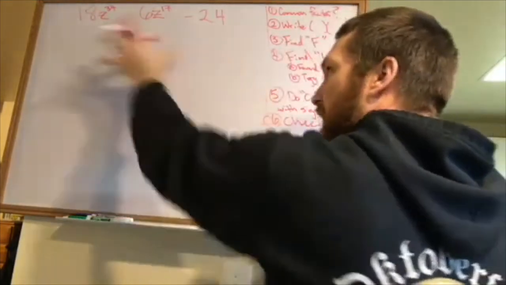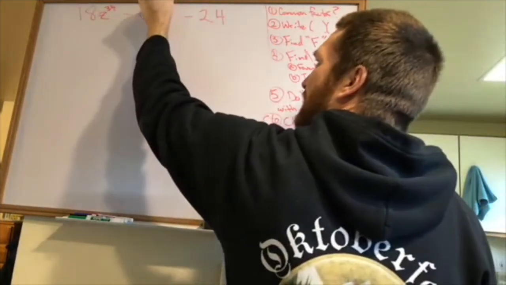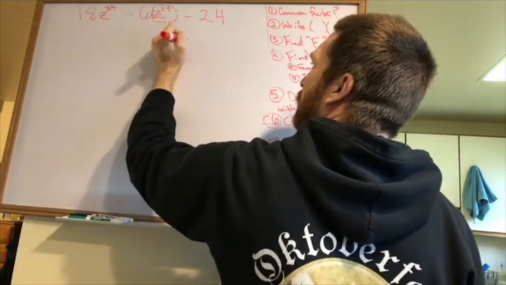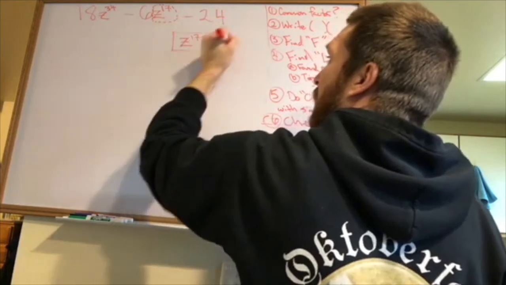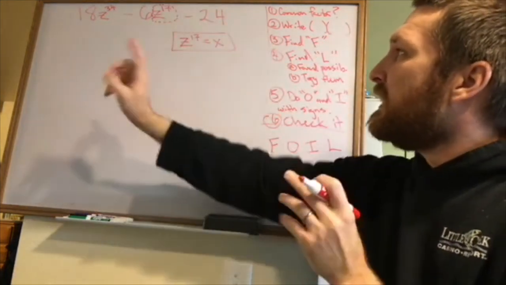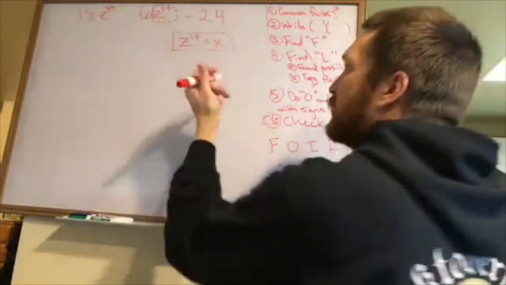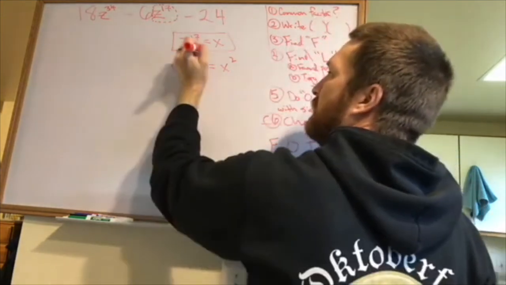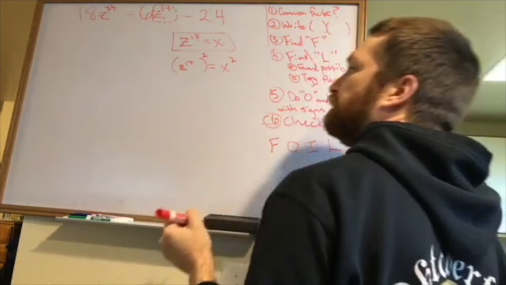So I could do my same little trick and say, if z to the 17th were just an x, that would make my life a lot easier. And I'd be turning this into a problem I've seen before. I just have to hope that when I square x, I get that. So x squared would be z to the 17th squared.